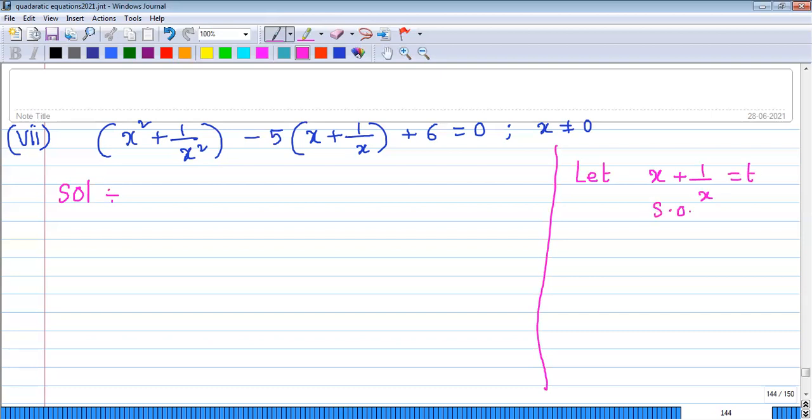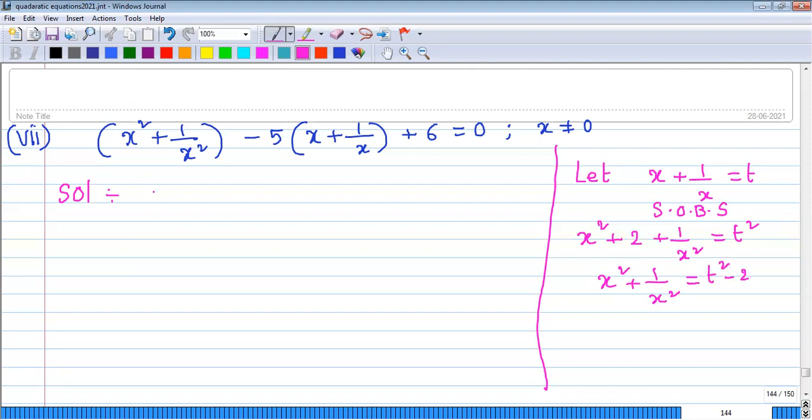Squaring on both sides, we get (x plus 1 by x) whole square is x square plus 2 into x into 1 by x plus 1 by x square equals t square. So x square plus 1 by x square is equal to t square minus 2.